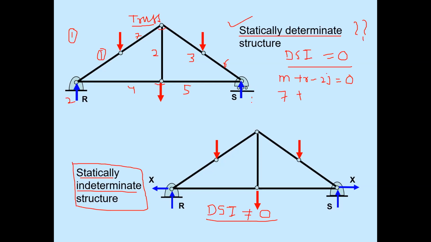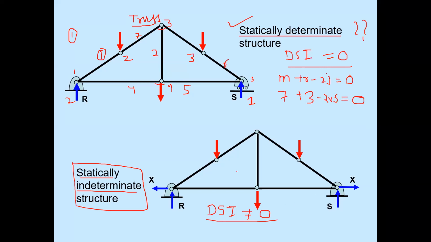This is the roller support, so the R value is 1 for this. So R is 3. Now the number of joints: 1, 2, 3, 4, and 5. So 7 plus 3 minus 2 into 5 equals 0. So the structure is statically determinate.